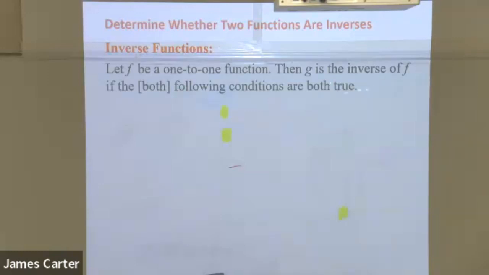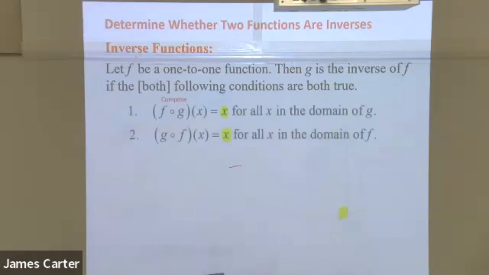Now, this is saying if both of these things happen, then it'll be a one-to-one function.